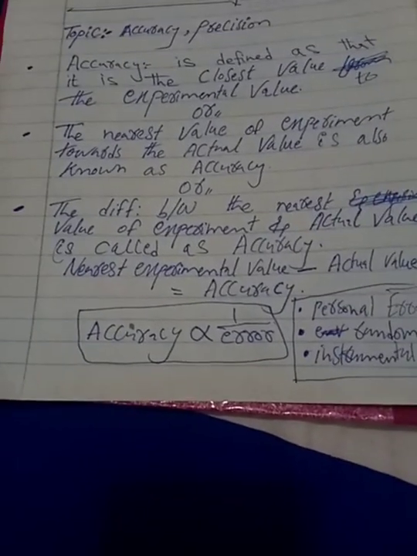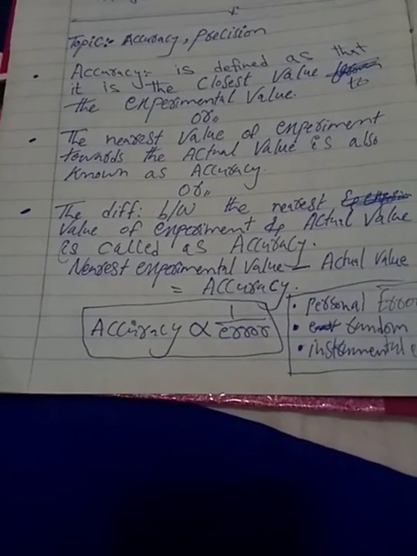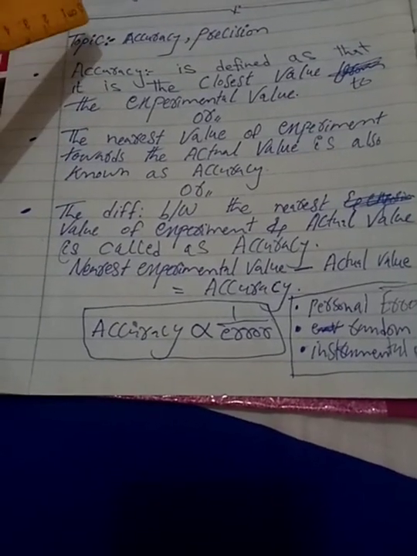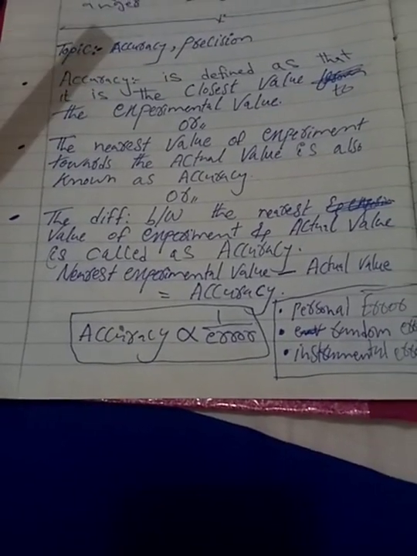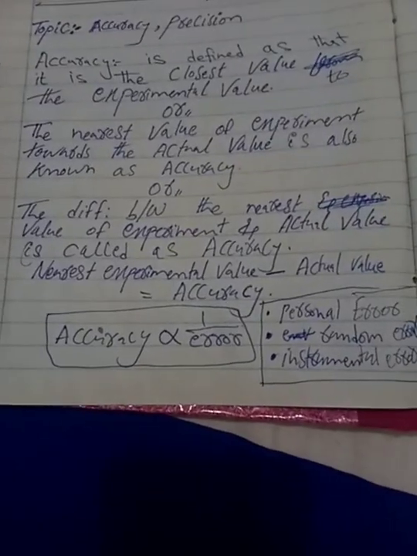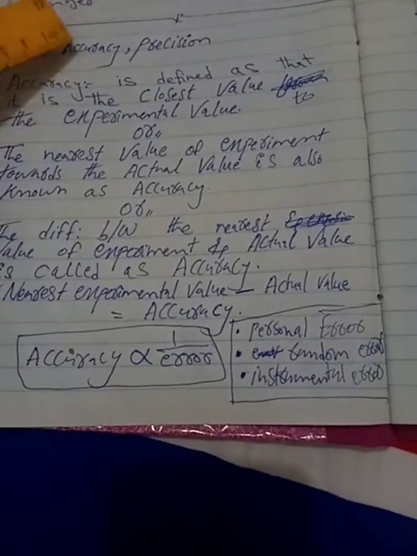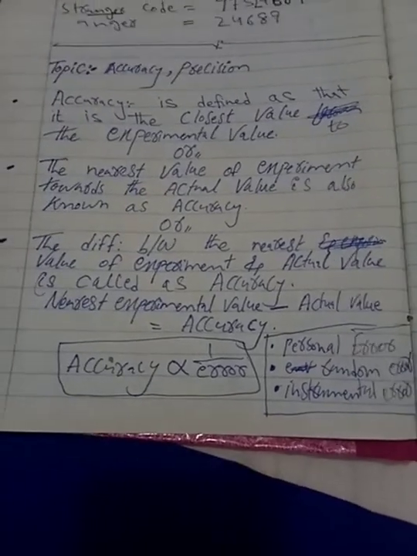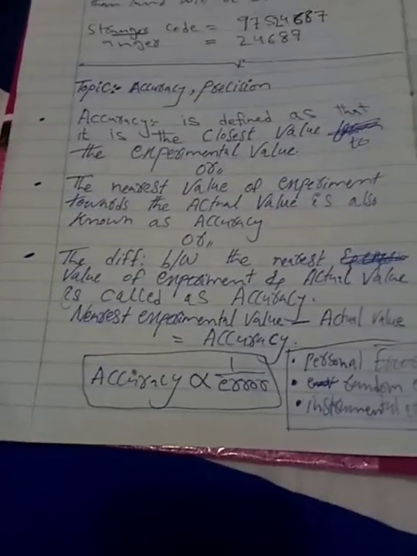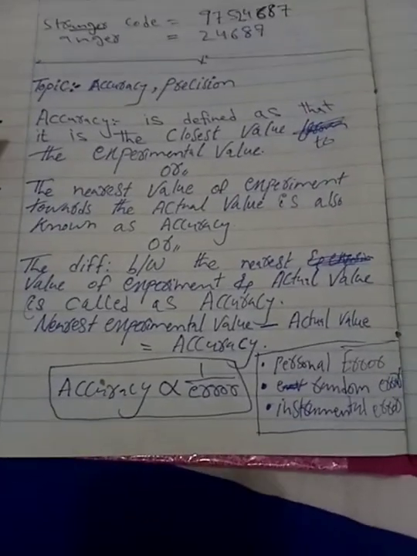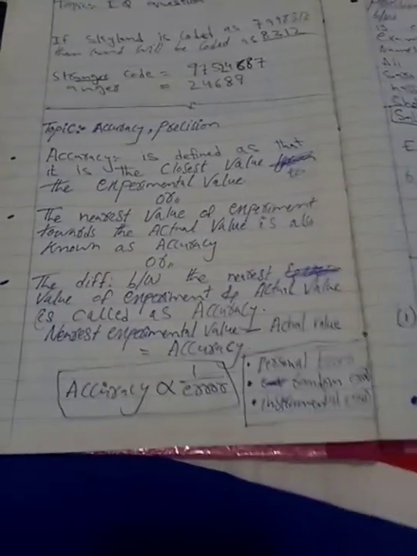So starting with the first topic, we have the topic named accuracy and precision. We know that there are other topics before accuracy and precision, but first of all we will go with the important topics. So without wasting time, I am defining accuracy.